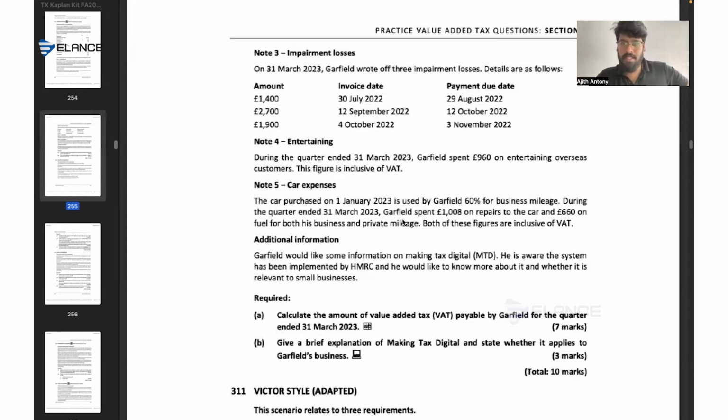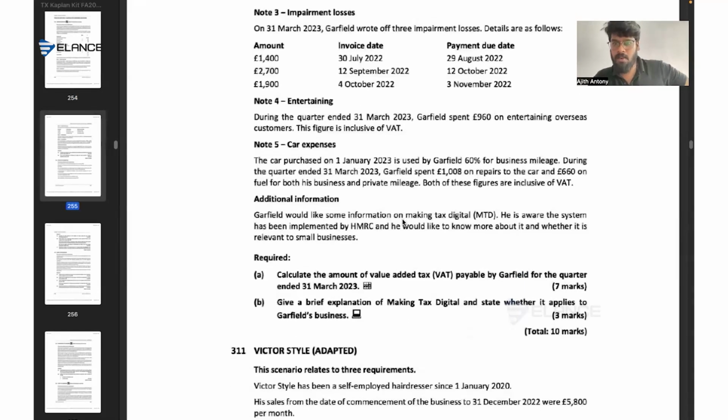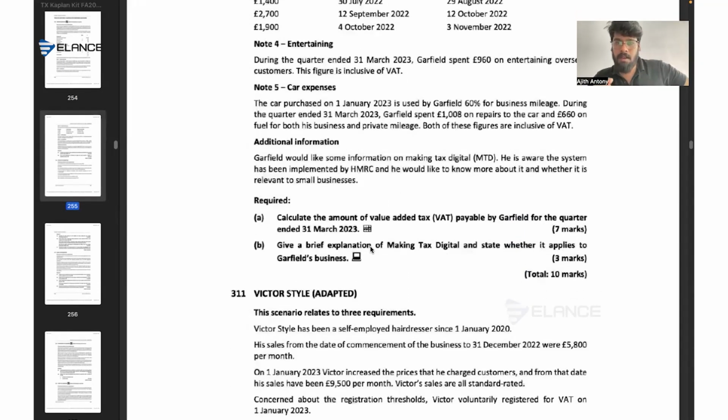These are basic things, and I think you are all familiar with this. Look at the first requirement: calculate the amount of VAT payable by Garfield for the quarter ended 31st March 23.